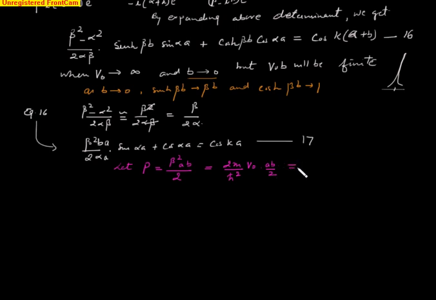So ultimately what we get is m V naught over h cross square into ab.